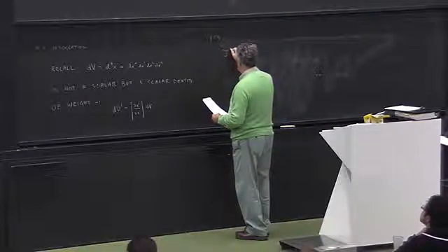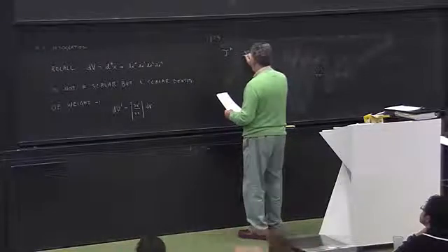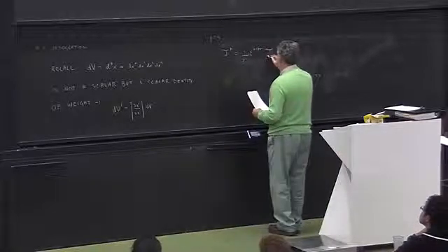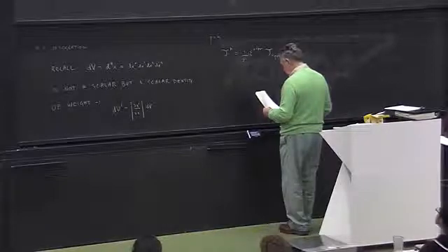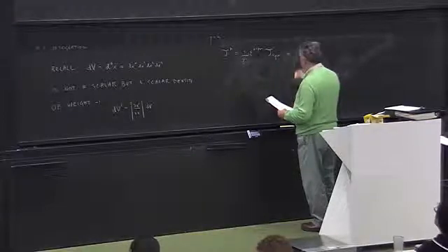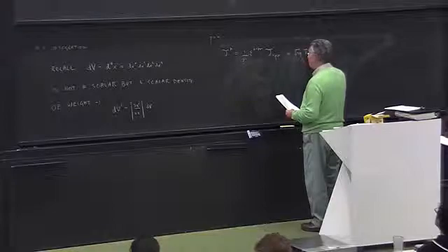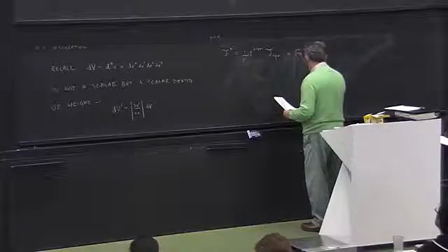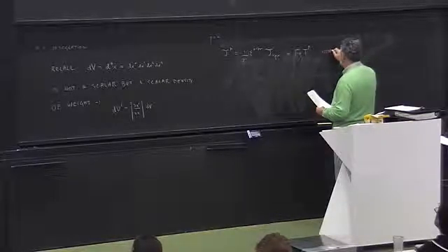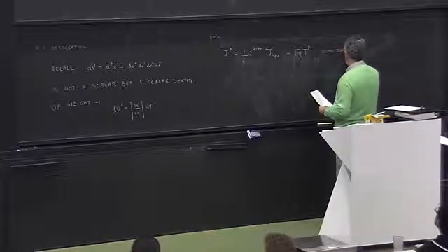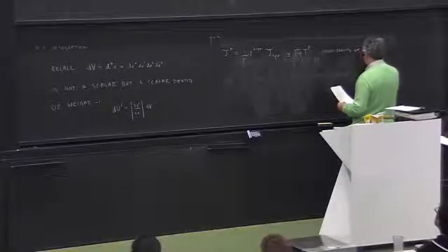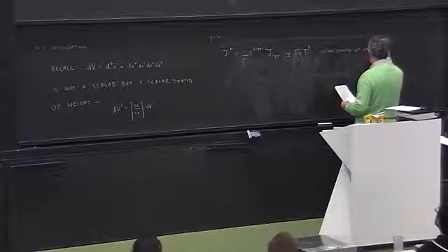Then tau mu, which is 1 over 3 factorial epsilon mu nu rho sigma tau mu rho sigma, equals root minus g t mu, is a density, that's the definition of T mu, of weight plus 1.